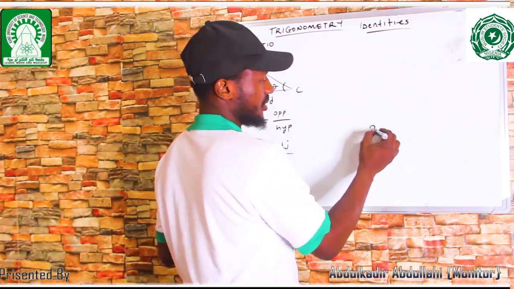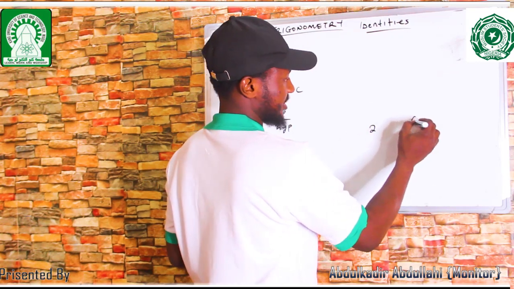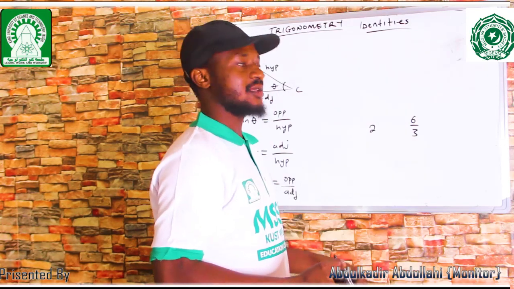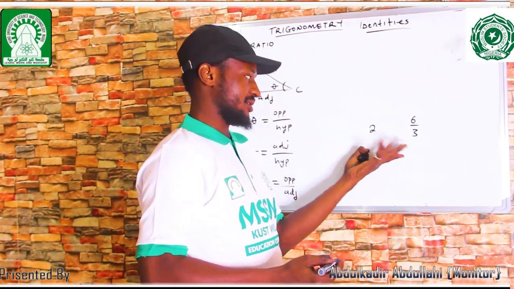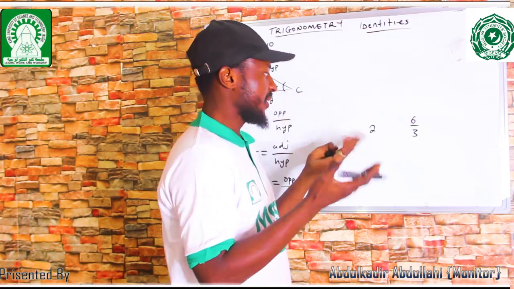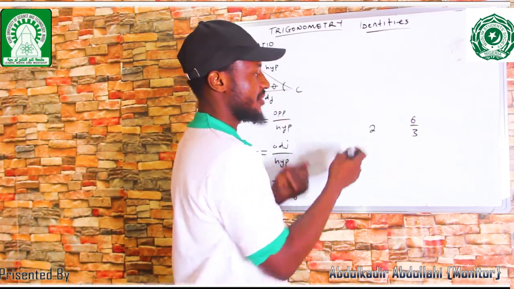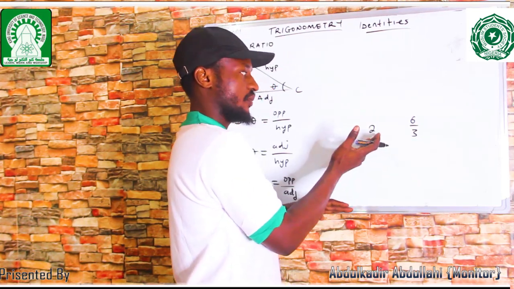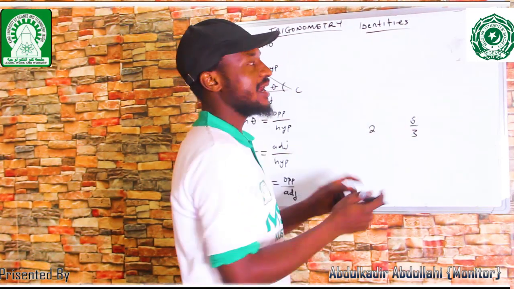I can say 2, and I can say 6 over 3. So 2 is identical to 6 over 3. In terms of looking they are not the same, but in terms of expression they are the same, because 6 divided by 3 is the same thing as 2. So 2 and 6 over 3 are identical.